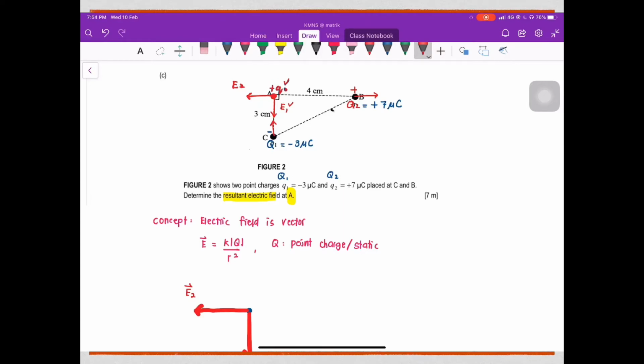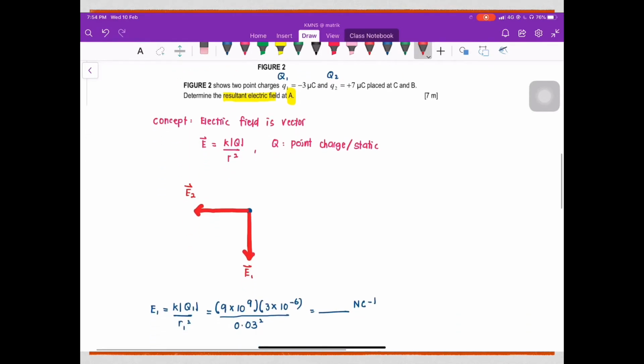Next, check. These two arrows are located at different axes. So it means we need to do resolving vector.